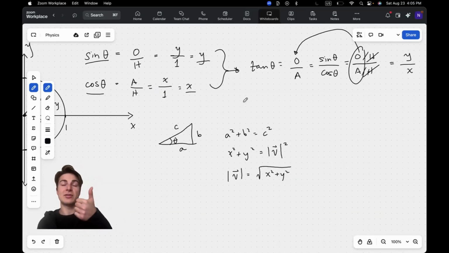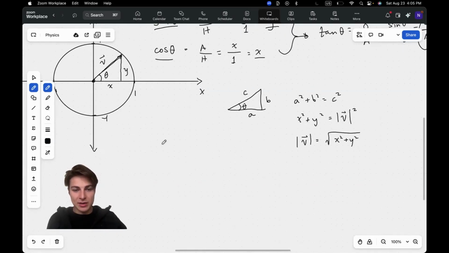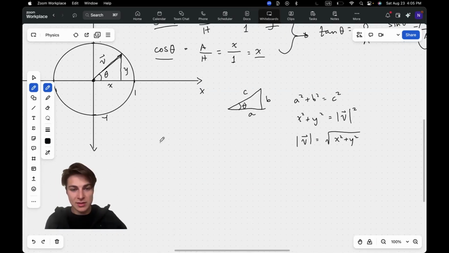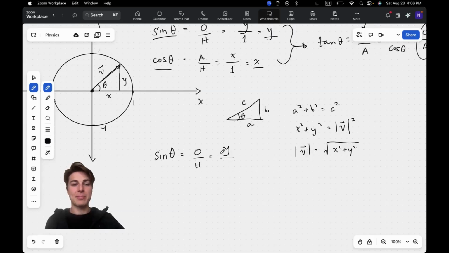If you have the magnitude of the vector already, you can use either sine or cosine, because we can now rewrite our sine and cosine. So sine of theta is equal to opposite over hypotenuse, where the opposite is still our y, but now in the general case, the hypotenuse is going to be whatever the magnitude of the vector v is.